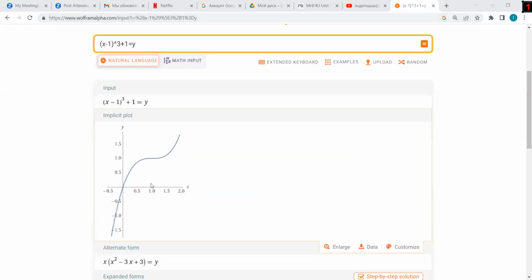So now we can see that not only has our graph been translated 1 unit to the right, but also 1 unit upwards.